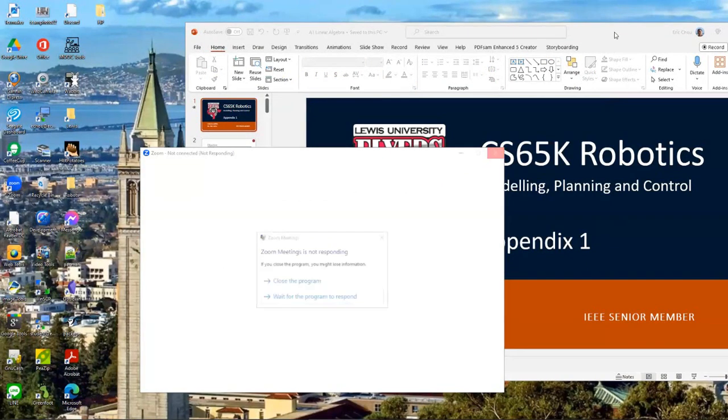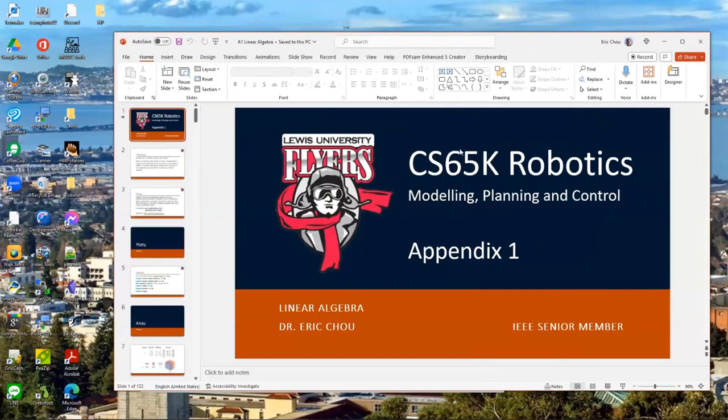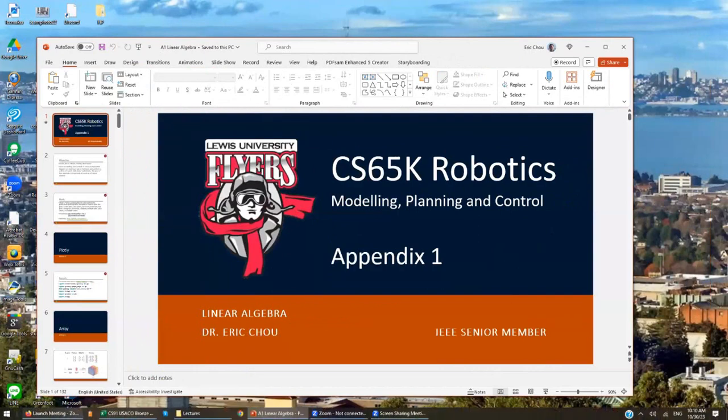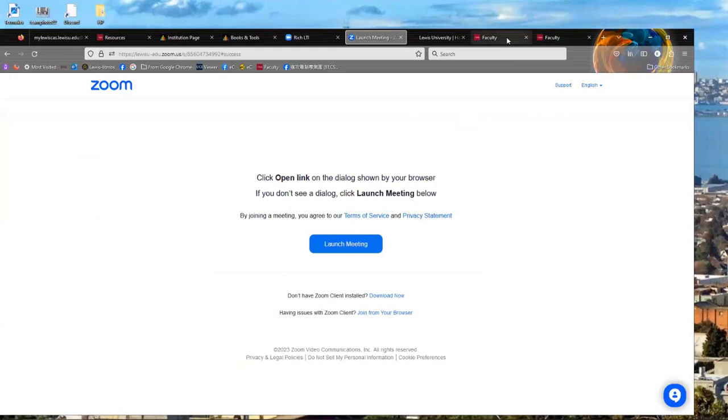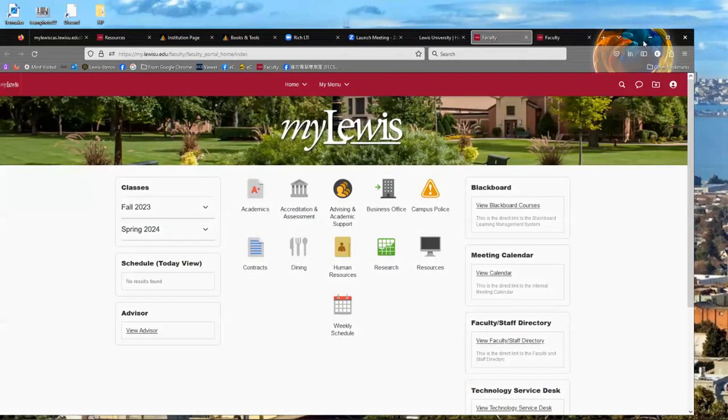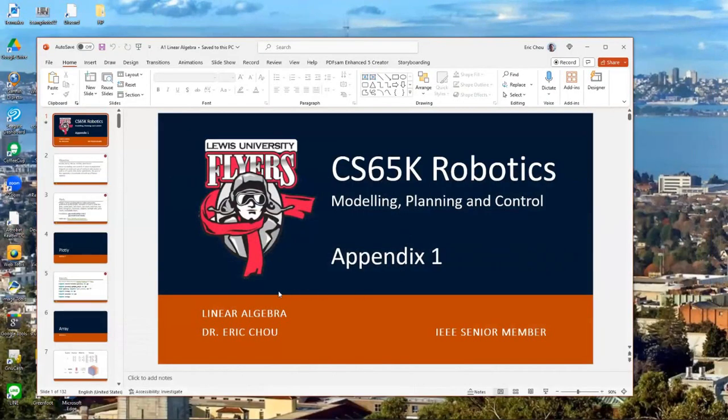Okay, so last week we went over the syllabus, and today, if there's no question, I'll go over the basic manipulation of linear algebra and whatever is important to our course for modeling, planning, and control, and the Python programming.